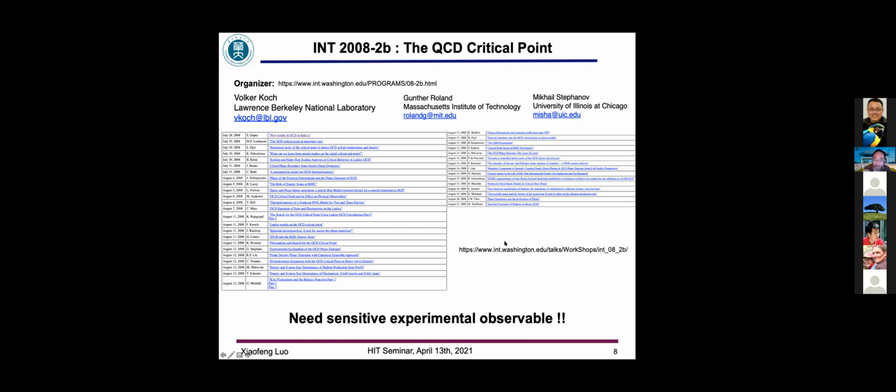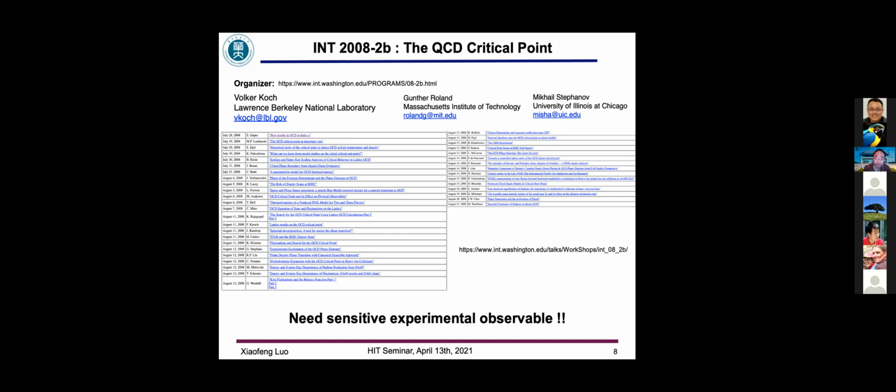And actually the race is on between theorists and experimentalists on the search for the critical point. From the experimental side, STAR has proposed the beam energy scan program to PAC, but we need a sensitive experimental observable.